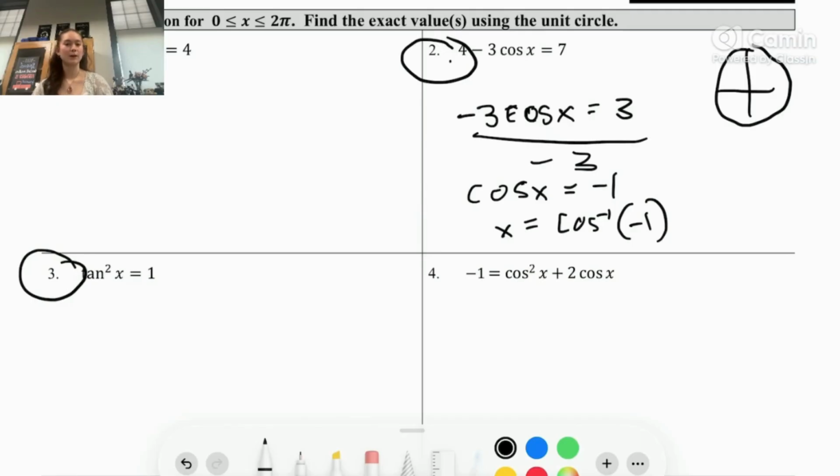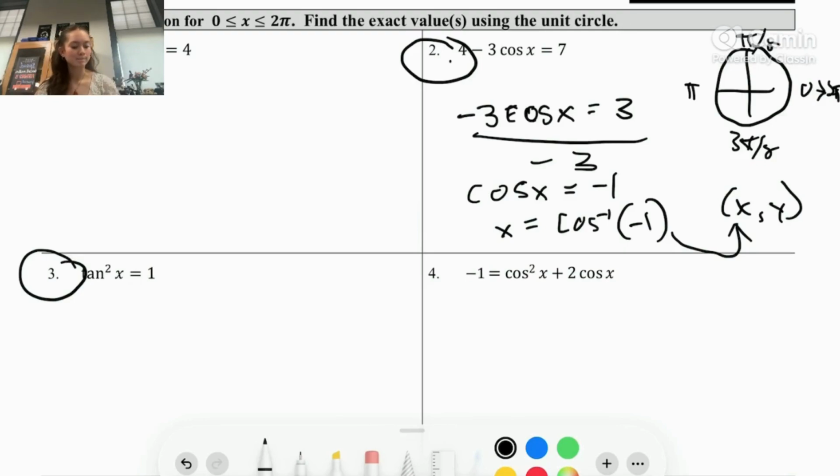When you think about the unit circle, you can split it up however you need. You would do 0, pi over 2, pi, and 3 pi over 2, and obviously this value can also be 2 pi. Wherever the value of cosine is -1, so where this x value equals -1, that would be the answer. 2 pi would be 1, 0, so that wouldn't be it.